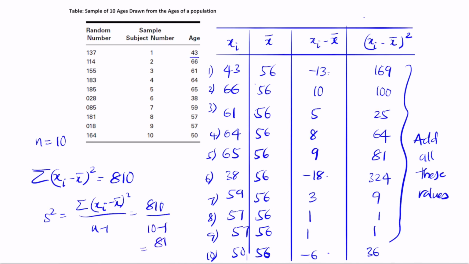So that is 810 by 9. 9 ones are 9, 9 nines are 81, so 90. So s squared here gets a value of 90. Once we have the value of s squared, this is the variance. So the variance is 90.